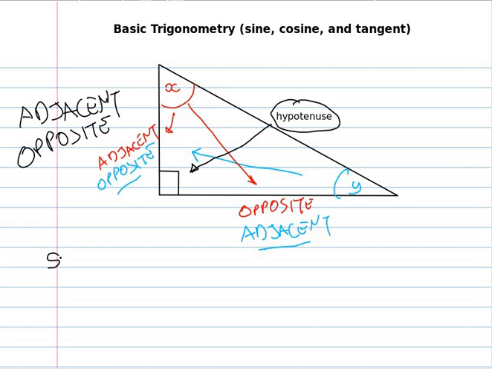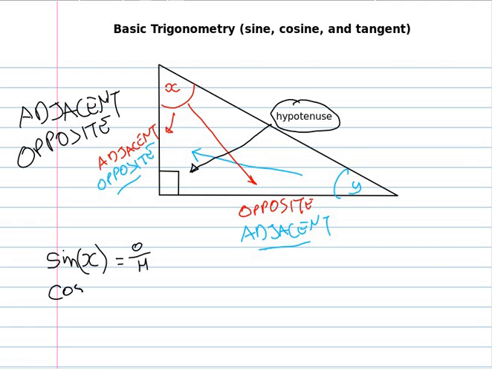We have sine X equals the opposite over the hypotenuse. So what that's saying is that the ratio of the opposite for X, so that's this one here, over the hypotenuse gives us sine X. Now, it'll make more sense once we do an example.